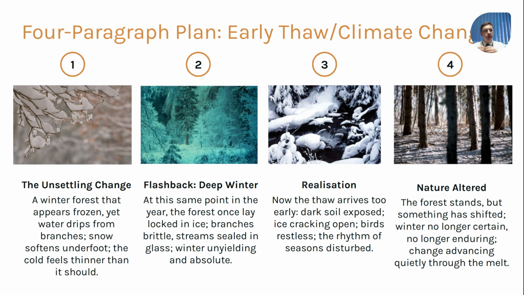We have a flashback to some time in the past where at the same point in the year the forest was still deep within the grip of winter and frozen, and then over the course of the remaining two sections of our description, this growing realization that nature has been altered by human action, and that this is really what climate change looks like.